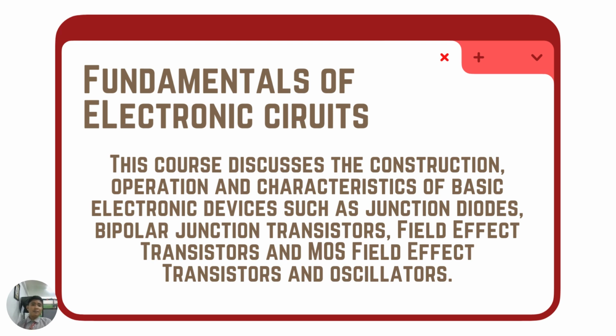A BJT is a three-terminal semiconductor device consisting of two PN junctions, which are able to amplify or magnify a signal. So it is a current controlled device.